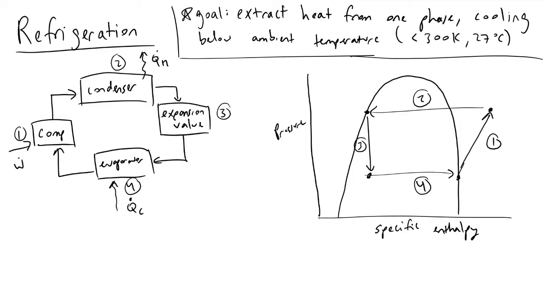Okay, so what we do next to begin to better understand what's going on in refrigeration is plot the saturation pressure, Psat, versus the specific enthalpy of our coolant. In this case, it could be Freon. So we'll say Psat of Freon, for instance.